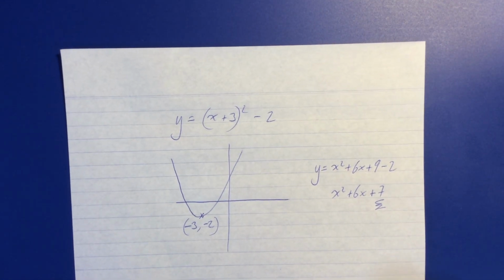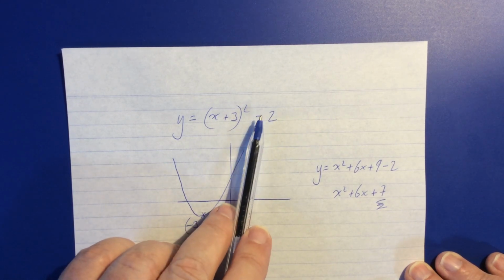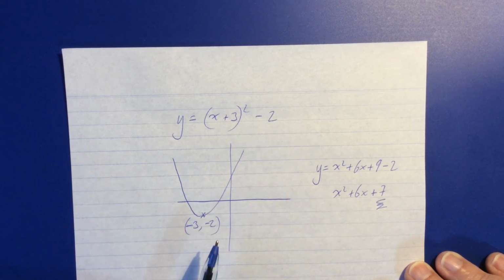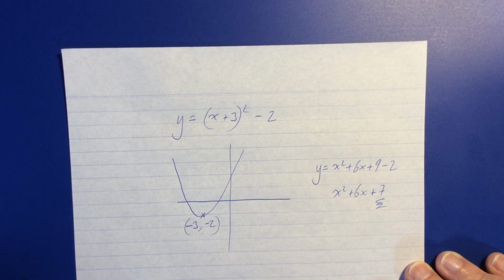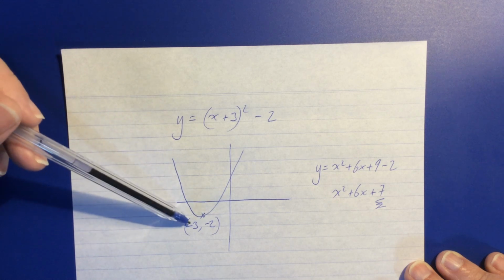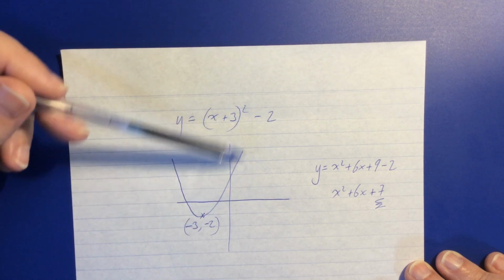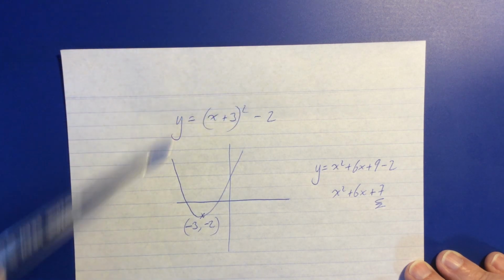And here we are. One subtle difference. Instead of this being plus, it is minus. And so to speed things along, I'm not going to go through how we find the x and y coordinates. If it's a little bit mysterious, just scroll back through the video and have a second look. The x-coordinate of the turning point is negative 3. We make that equal 0. The y-coordinate is negative 2.